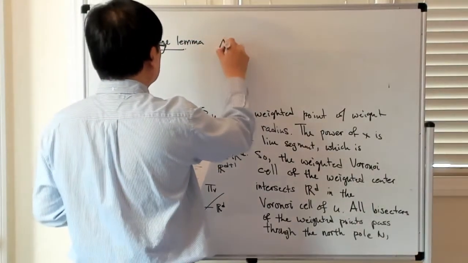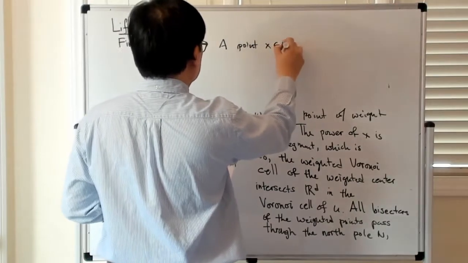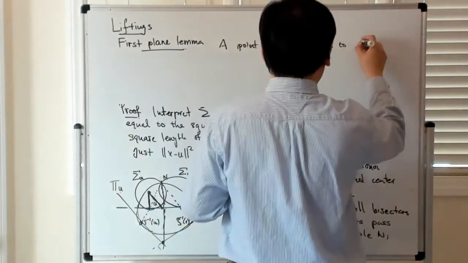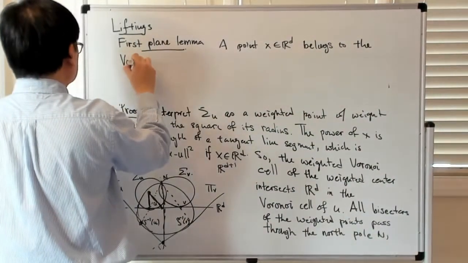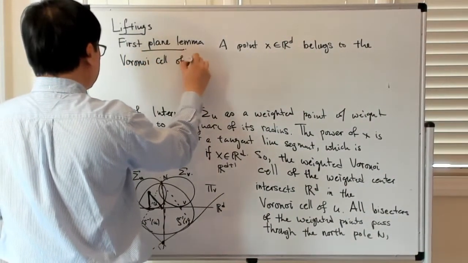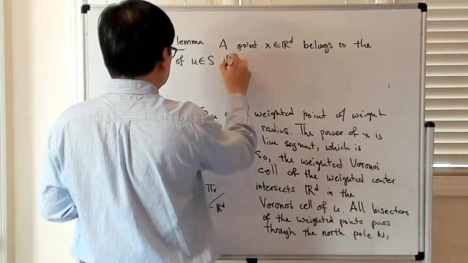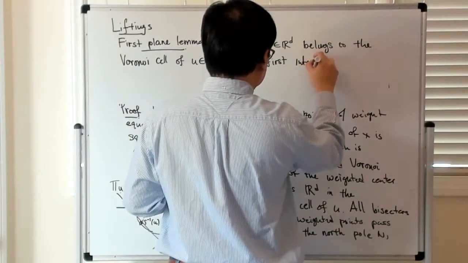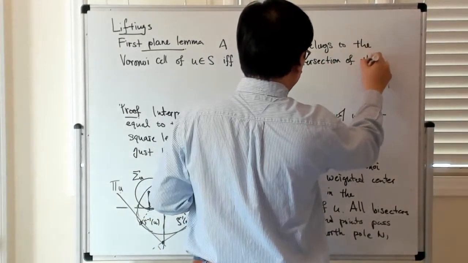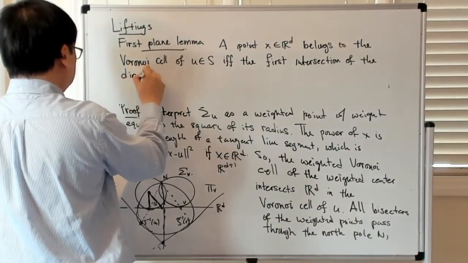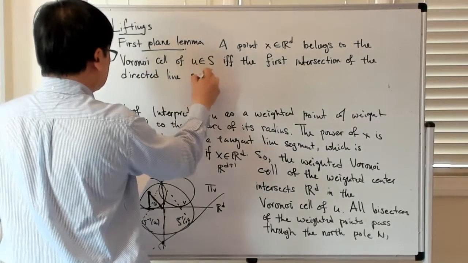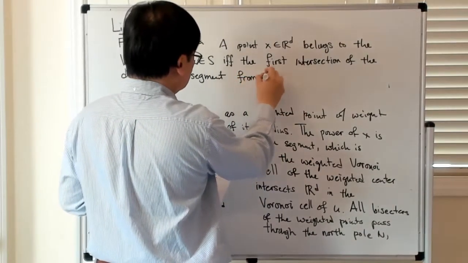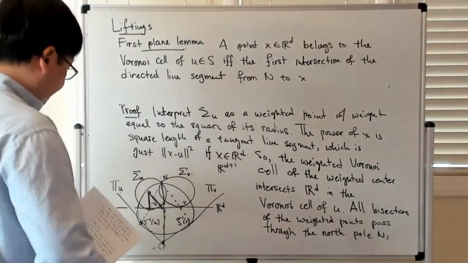It says that a point x in RD belongs to the Voronoi cell of U in S if and only if the first intersection of the directed line segment from the North Pole to X is with pi u.